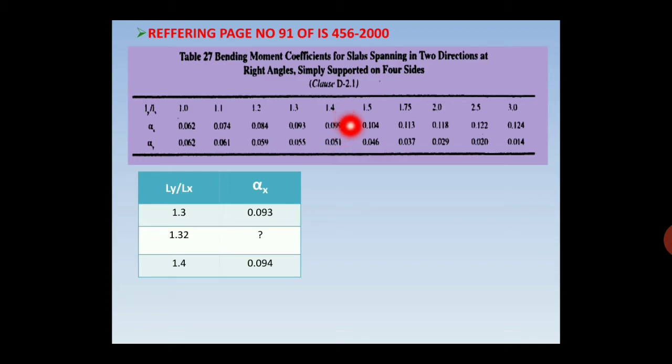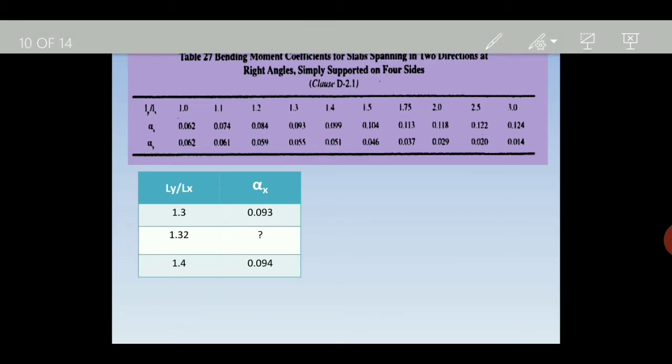And corresponding to 1.4, what is the value? 0.099. Sorry, here I have made a mistake. It's 0.099. By mistake I have taken 0.094. Please excuse me, but refer to the table properly and do the interpolation correctly when you are solving.